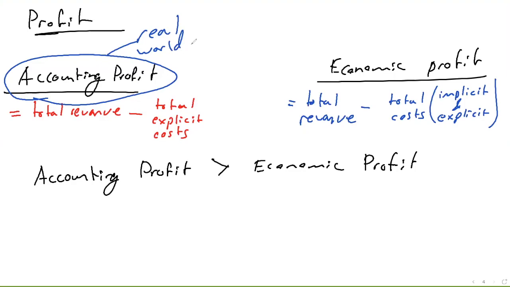However, the decisions that Amazon makes are dependent on the value of Jeff Bezos' time. He's going to run the company differently based on his opportunity cost. So it is important to consider economic profit when you're trying to explain the behavior of a firm.